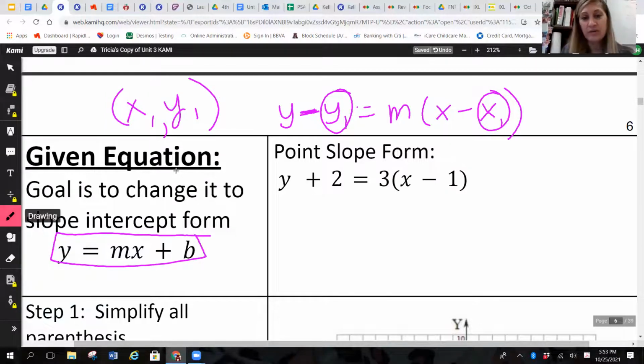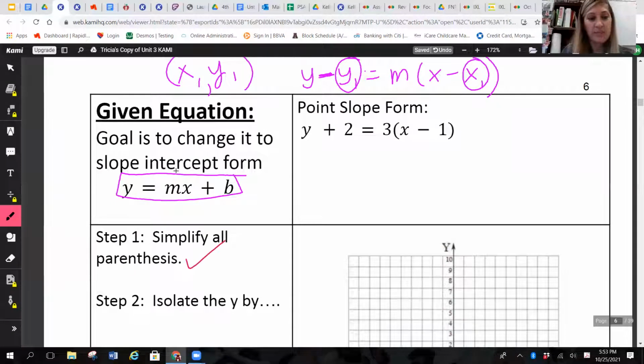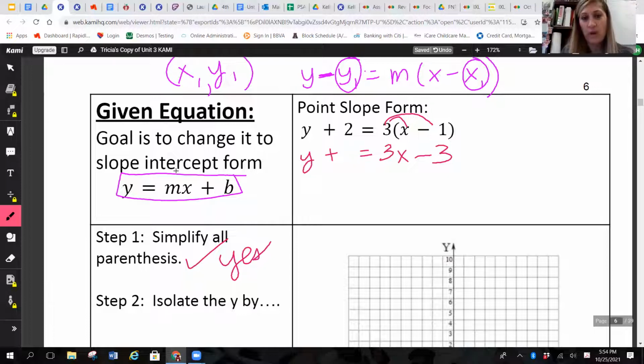So the first thing I'm going to do is step 1, simplify all parentheses. Yes, I need to do step 1. So 3 times x is 3x, and 3 times negative 1 is negative 3. I have now simplified the parentheses. I can now rewrite y plus 2.